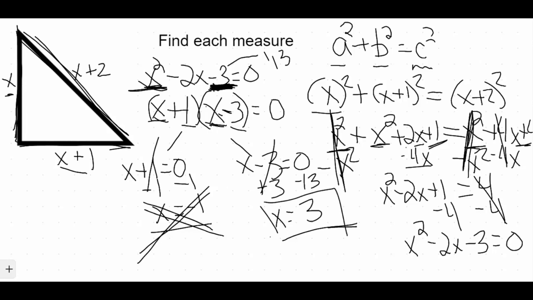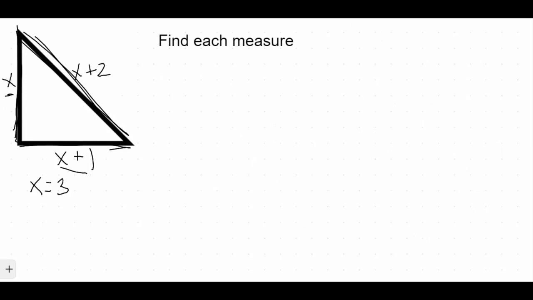We want the positive measurement here. So this says that x is 3. So I'm going to move that over here, and I'm going to erase part of the screen so we can finish this problem up.